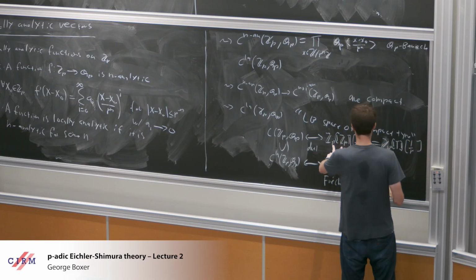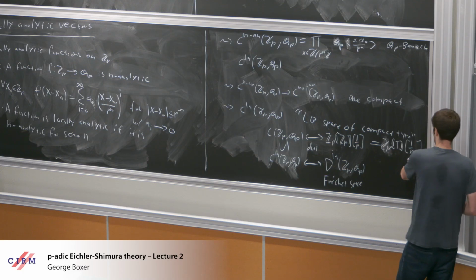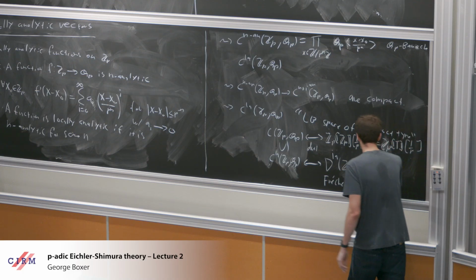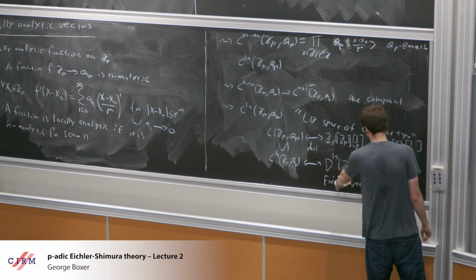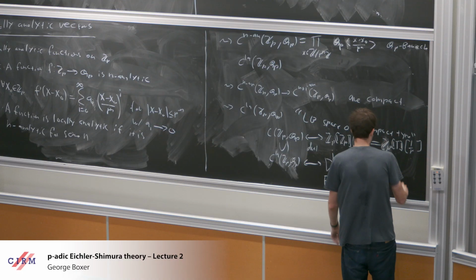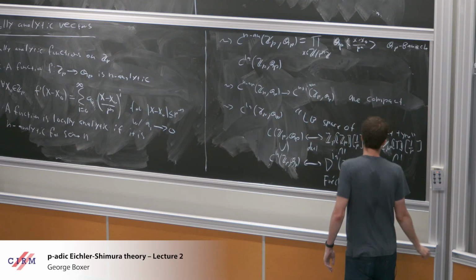So the Iwasawa algebra is just a power series ring in some variable, which has some meaning, with p inverted. And by the theory of the Amice transform, this turns out to be included in this.